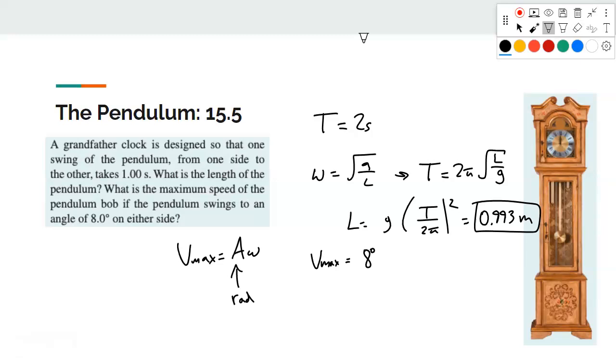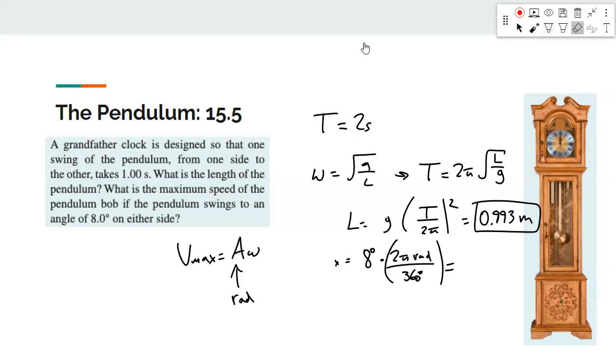Okay. So first what we want to do is 8 degrees times 2 pi radians over 360 degrees. And that's not our Vmax, that's just going to get us our A. And when I do that, I get 0.14 radians.